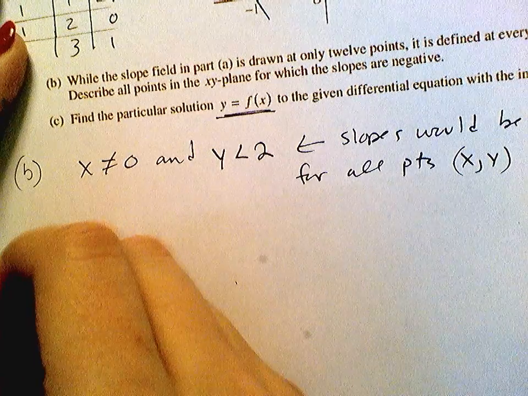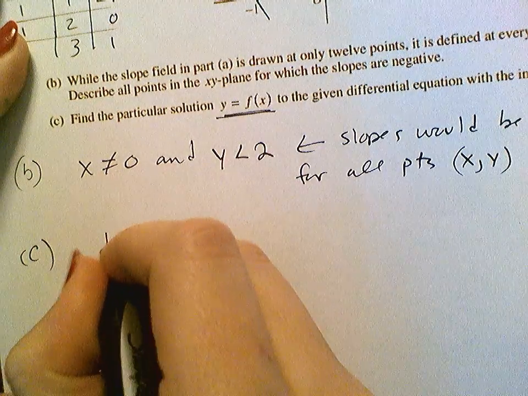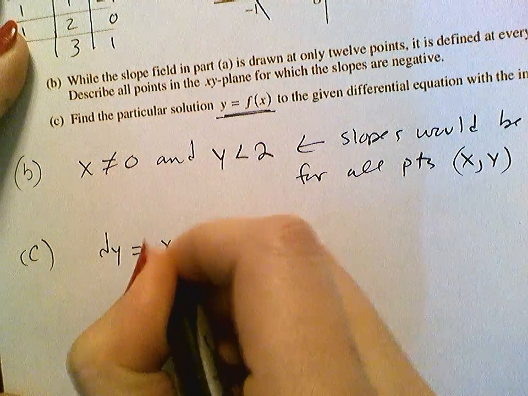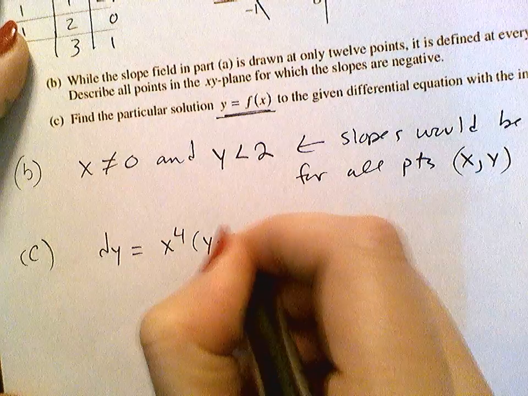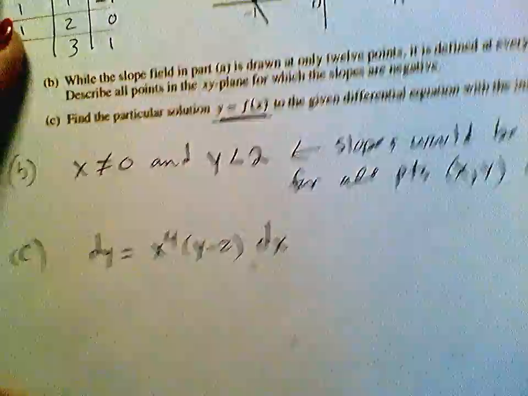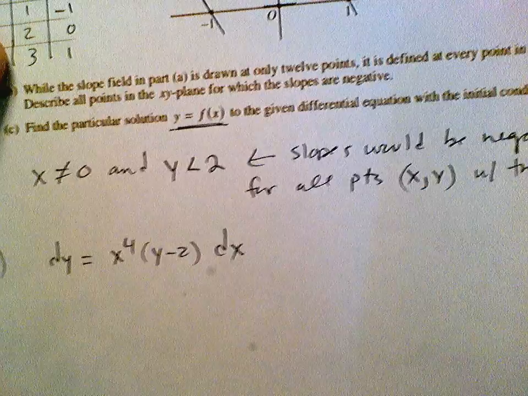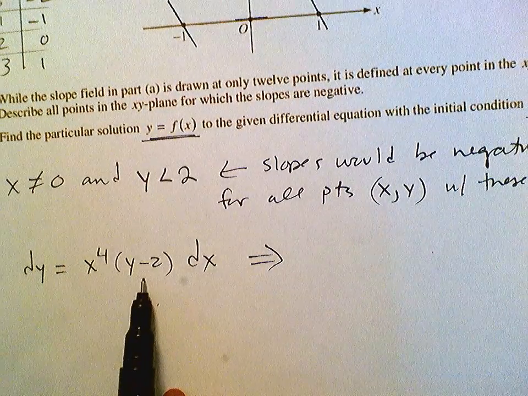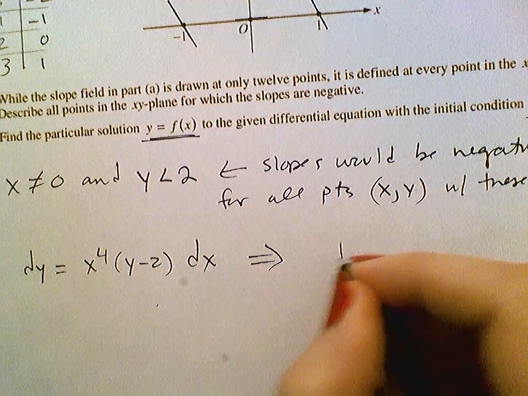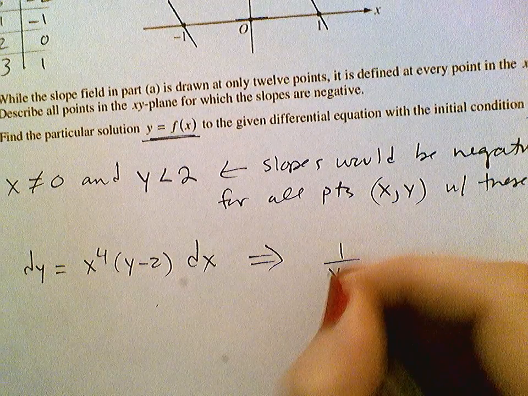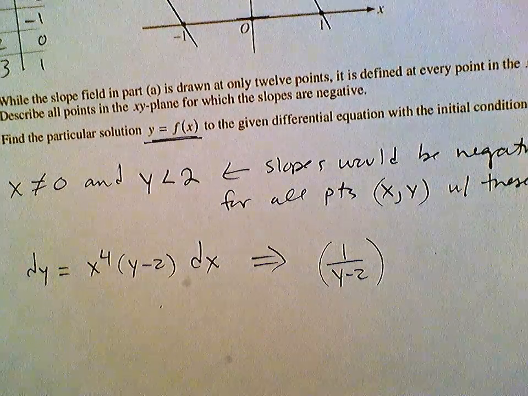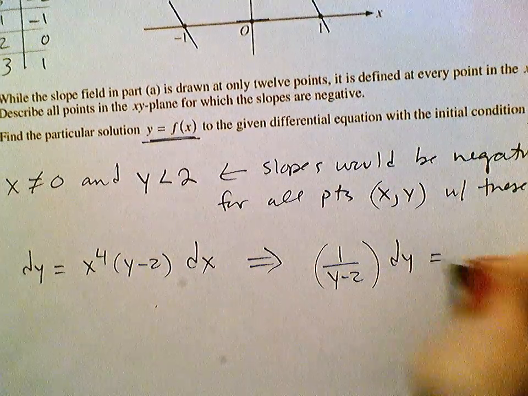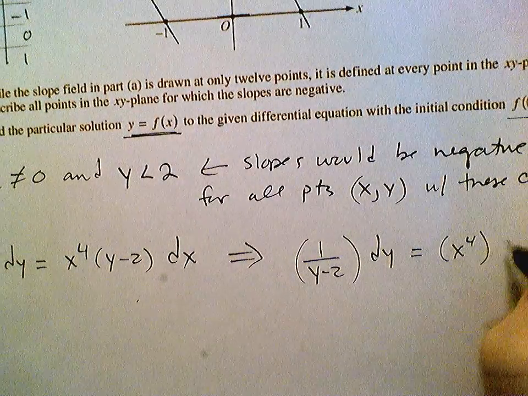I'm going to multiply both sides by dx, and I end up with dy equals x to the 4th times y minus 2 dx. Then I have to separate the variables, so I divide both sides by y minus 2. I end up with 1 over y minus 2 dy equals x to the 4th dx.